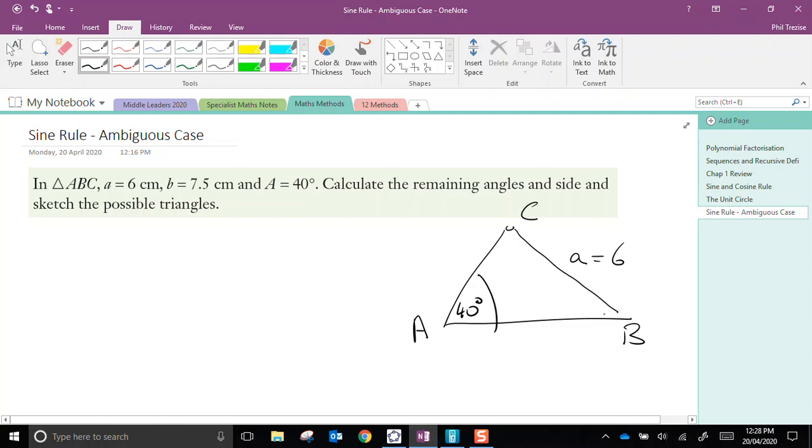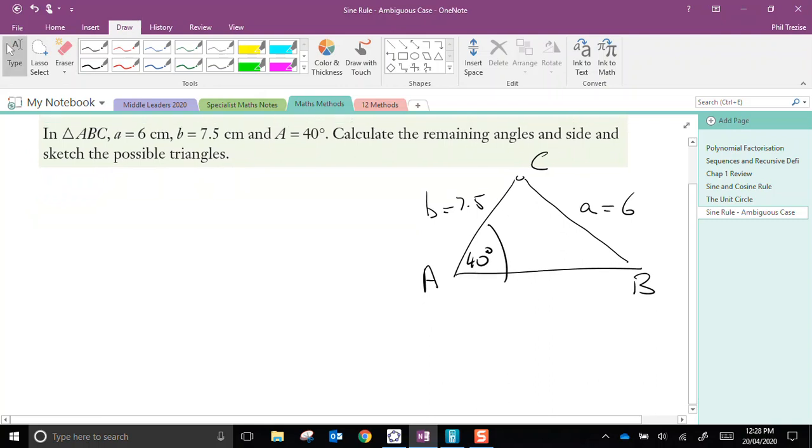We were told that b, now this would be this one here, opposite vertex B, is 7.5, and we started with our 40. Now, what will we do? Well, I think the first thing we want to do is try and find this angle down here.